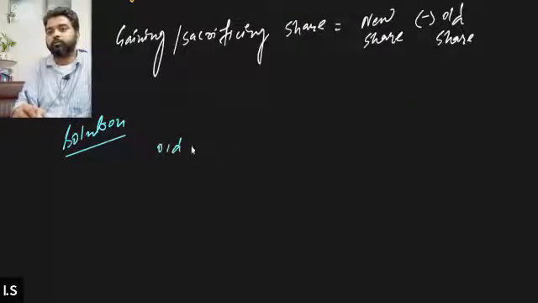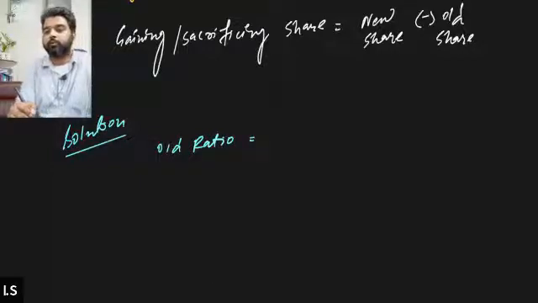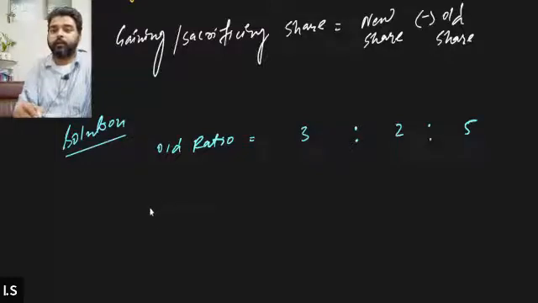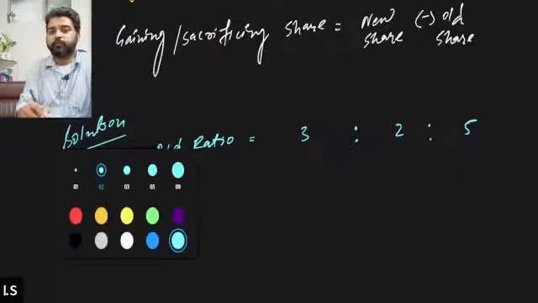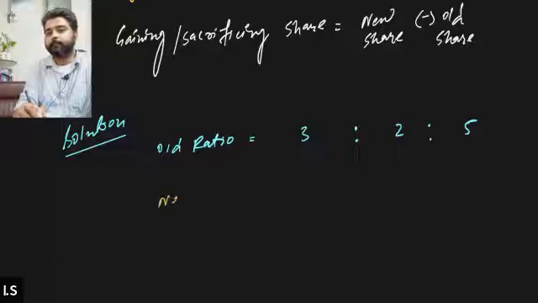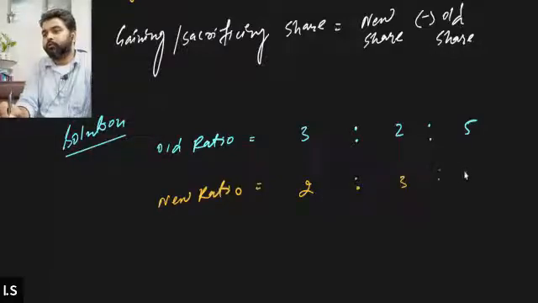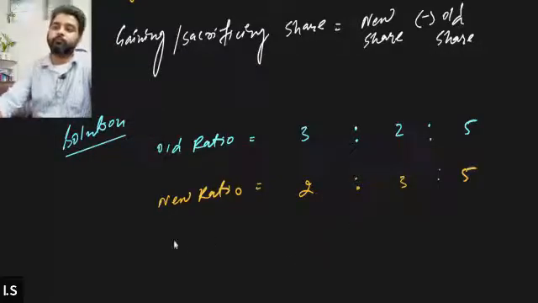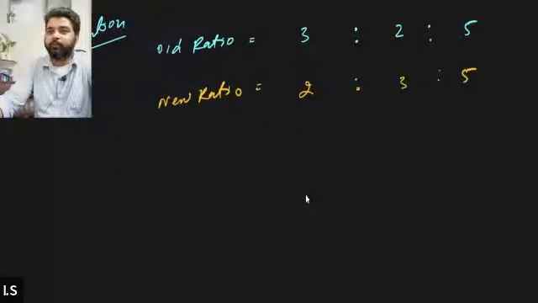The old ratio of the partners was 3:2:5, and the new profit sharing ratio is 2:3:5. Now we need to find out the sacrifice and gaining share of the partners.